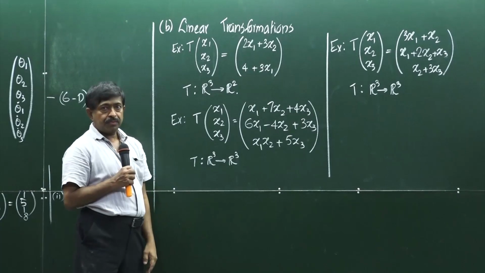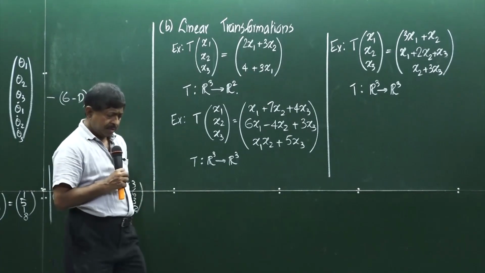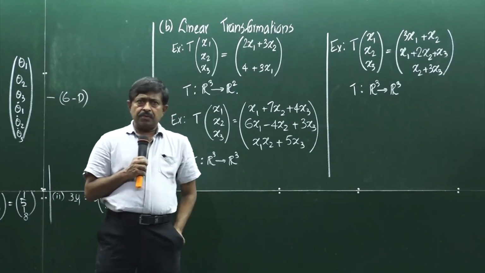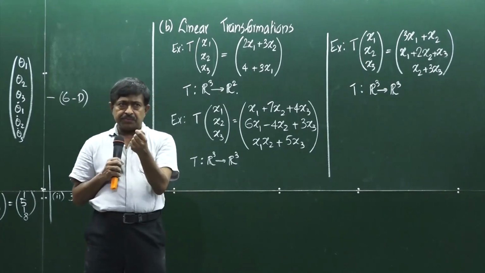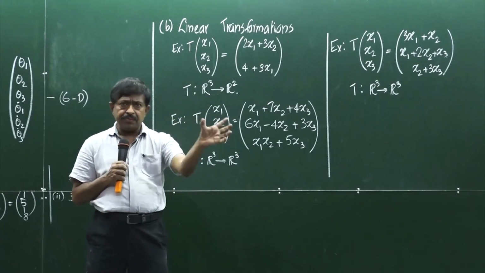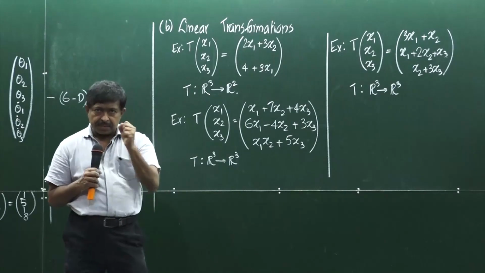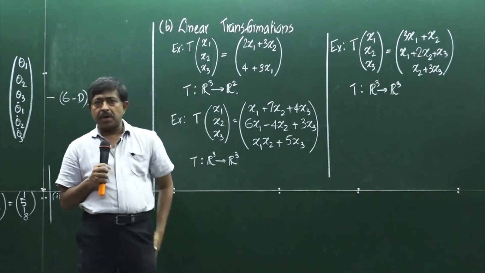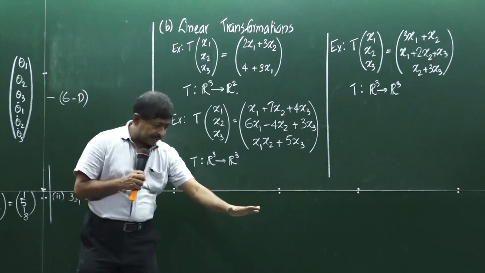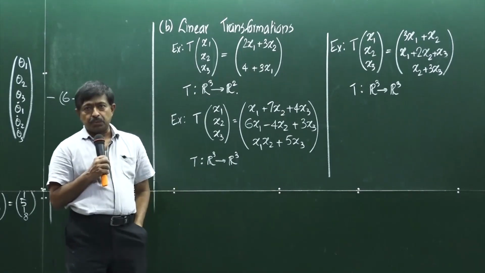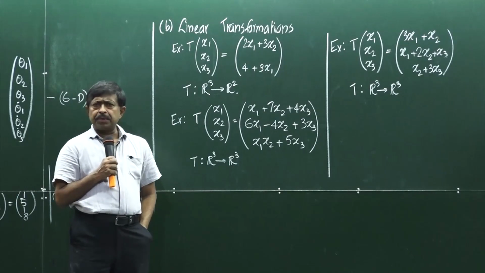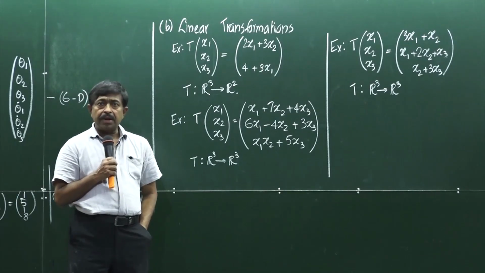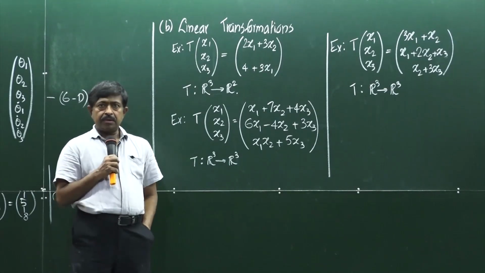How? What's linearity? Linear means what? You take variables and combine them using the very basic operations you learnt when you were in grade 1 and grade 2. What are they? Addition, right?